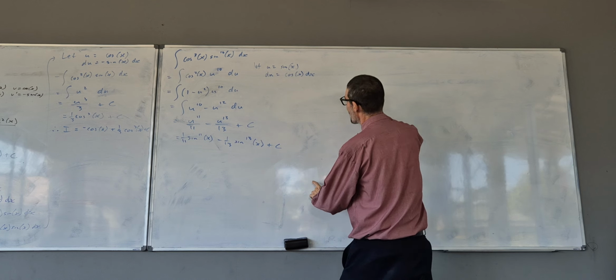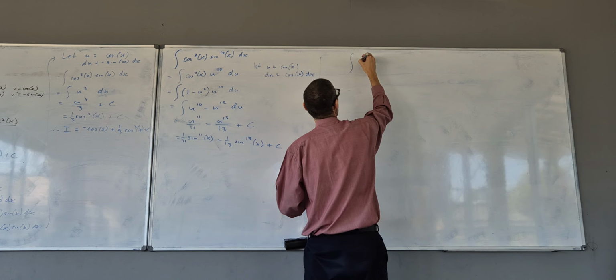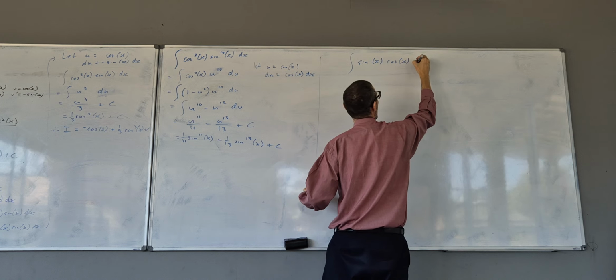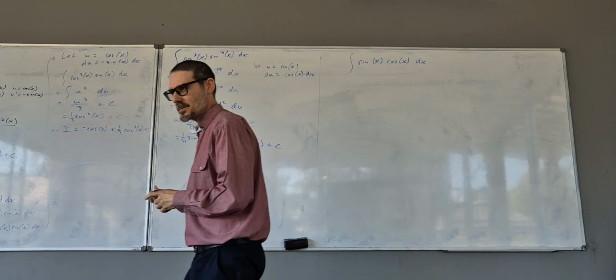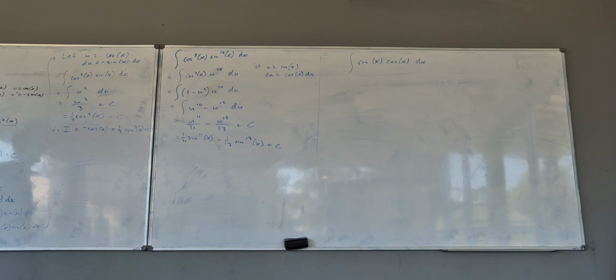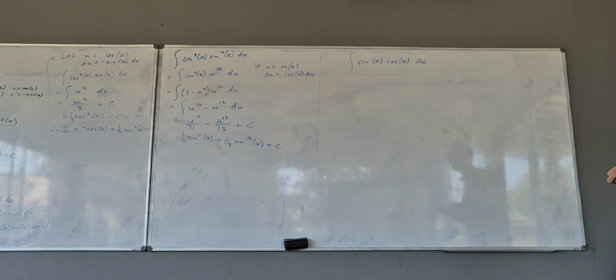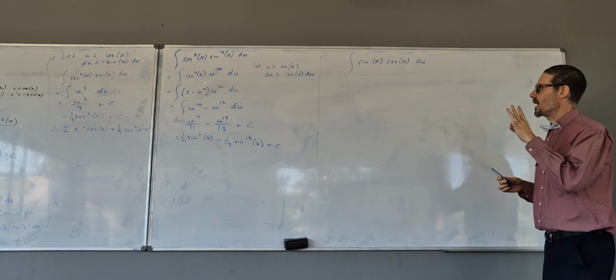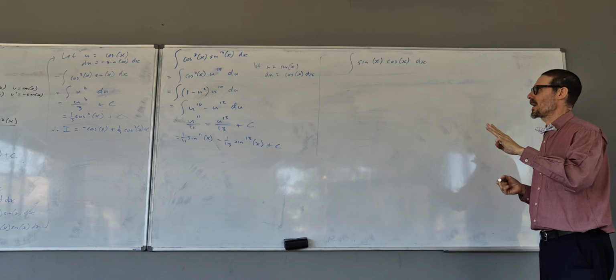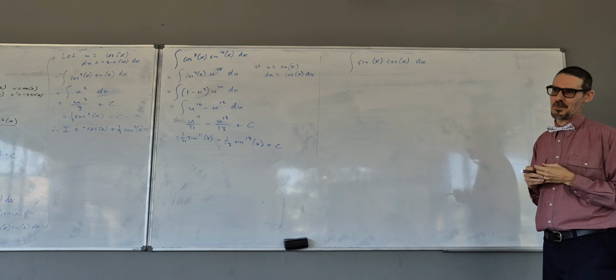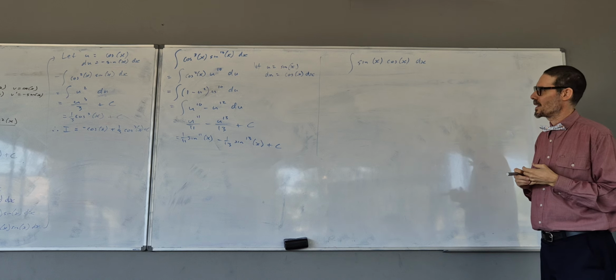Let me show you two options here. There's actually three options. I'm doing it with odd powers, but the principle is going to apply. There are three different things I could do to work out this integral. One you already know.